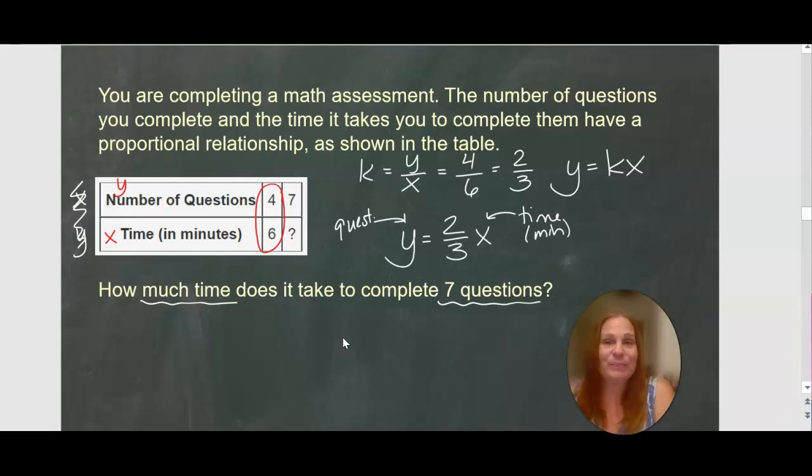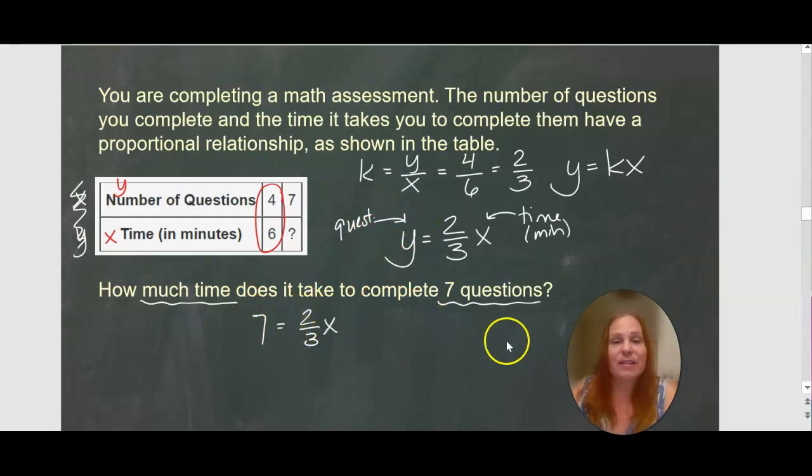Think about it. Well, it's 7 questions, right? And questions is y. So it's going to go in place of the y. So I'm going to have 7 equals 2/3 x.